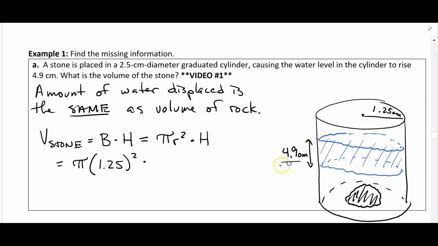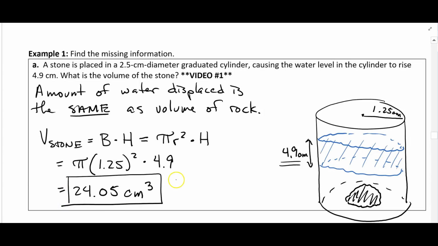And then the amount of water displaced, that's 4.9 centimeters. And if we calculate that out, we will get 24.05 centimeters cubed. So this is actually the volume of the stone.